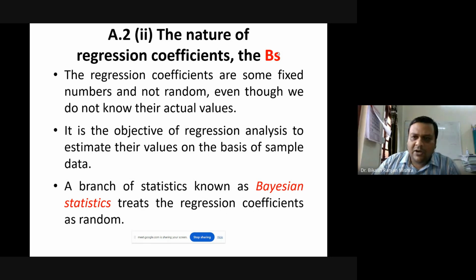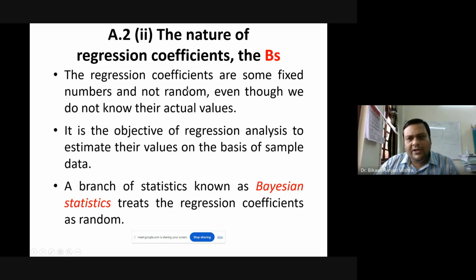Now, coming to the nature of the regression coefficient: those regression coefficients can be fixed in number, as we have seen previously. That's why we are not considering them as variables.